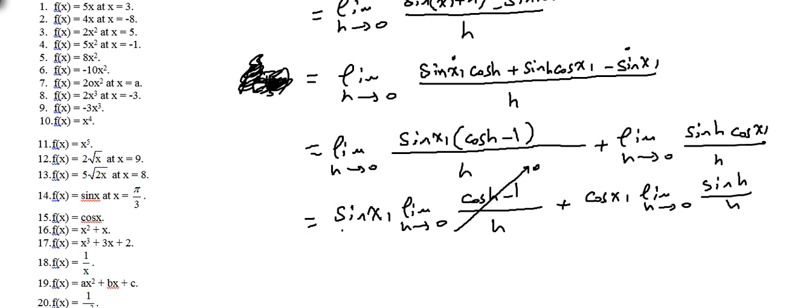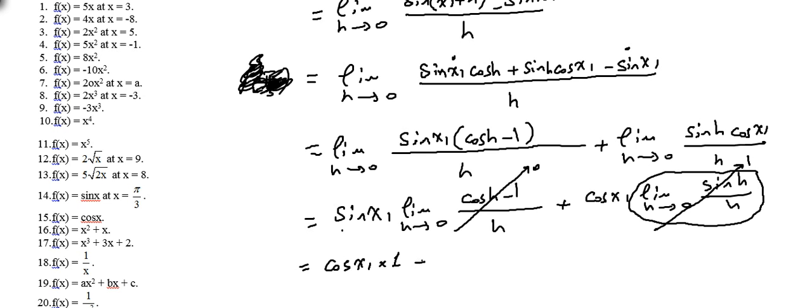It makes all this product 0. So we are left with only cosine x1 times the limit of sine h over h, and also we have this as a rule, it's 1. I will do an activity to show how we found that the limit of sine h over h as h tends to 0 equals 1. So we end up with only cosine x1.